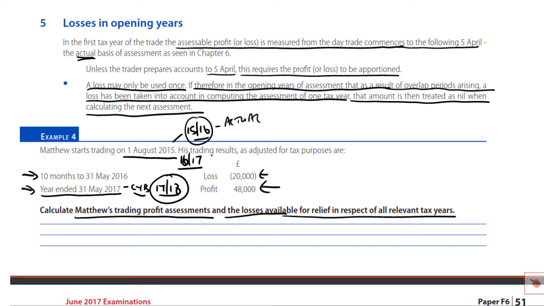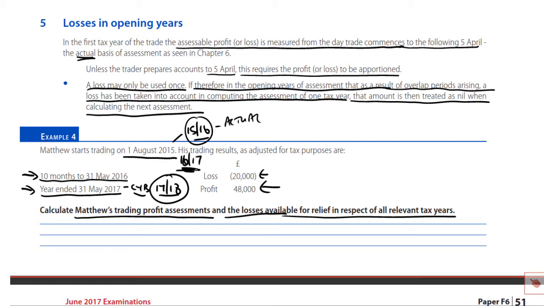Question, do we have any accounting period ended in the second tax year? Well, there's your first accounting period, the 10 months to May 16. Yep, 31st of May 16 ends in the 16-17 tax year. So we do have an accounting period ended, but of course it is a short period.